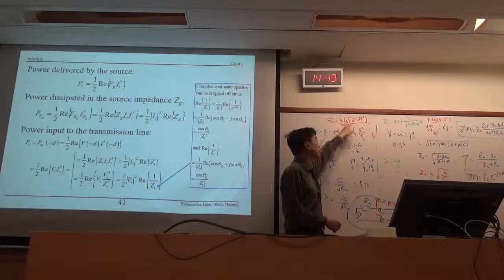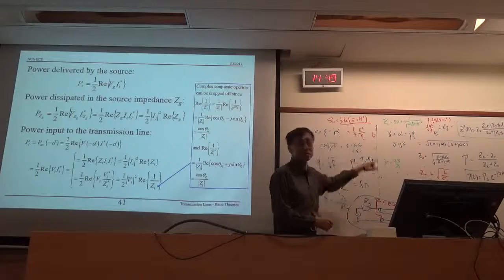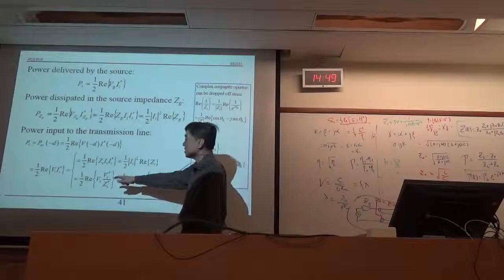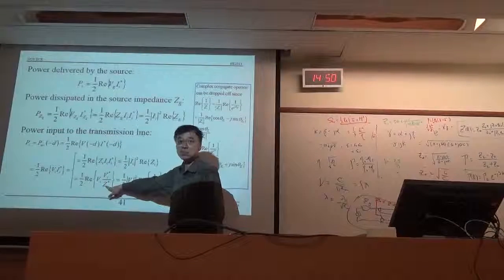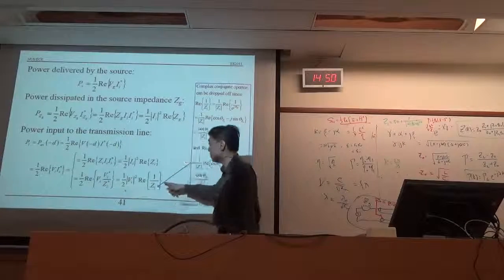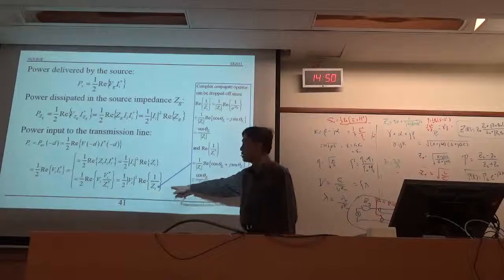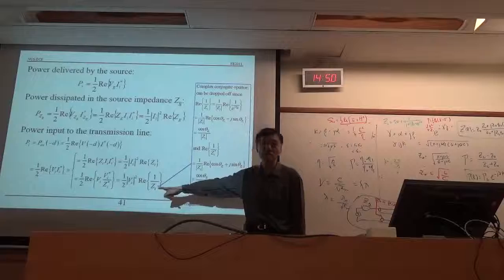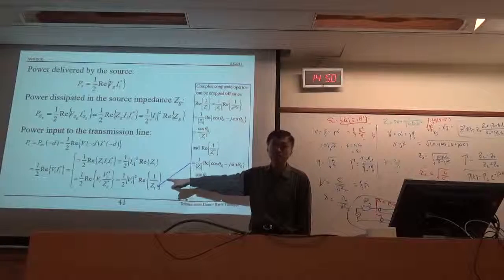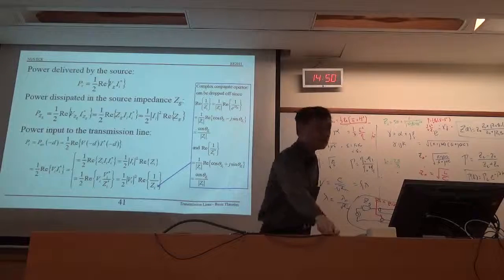But for this one, Z can be complex. If Z is complex, once again you have to make sure that you know how to take the real part of a complex number. Remember, we mentioned it earlier on.